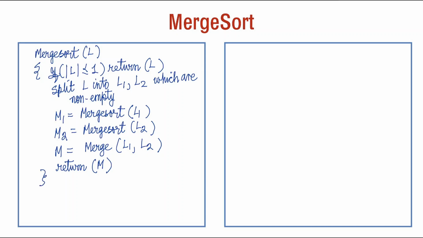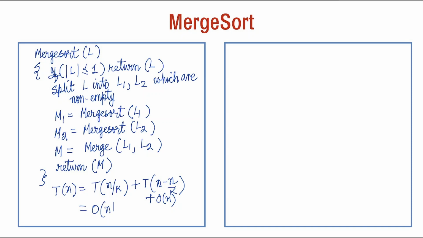And by the master theorem we know that if L1 and L2 are proportionally split, that means if we are able to break it up into T(n) equal to T(n/k) plus T(n minus n/k), and we can do this merge operation in order n time, we will get an order n log n algorithm which does not require data structures, and simply works on these arrays.